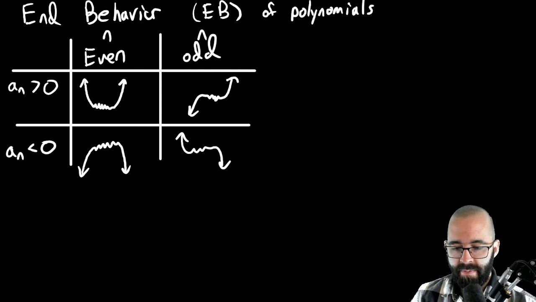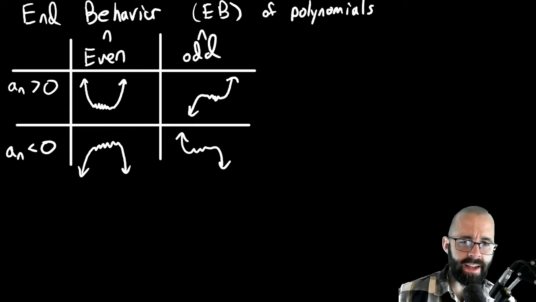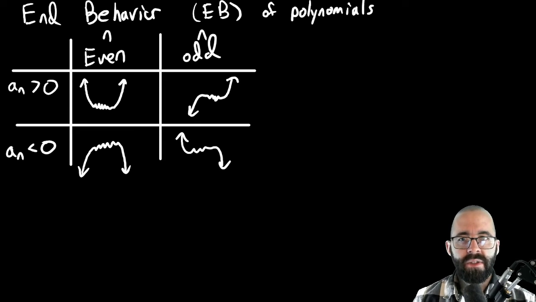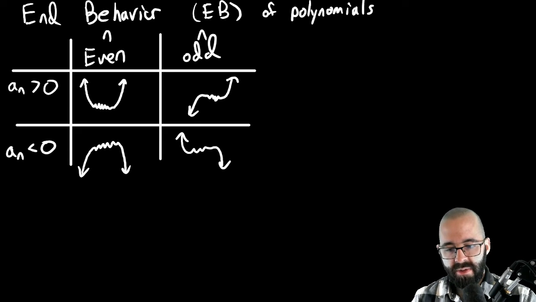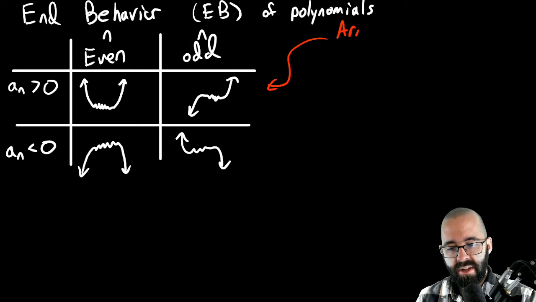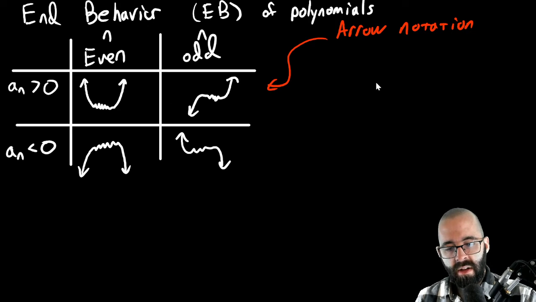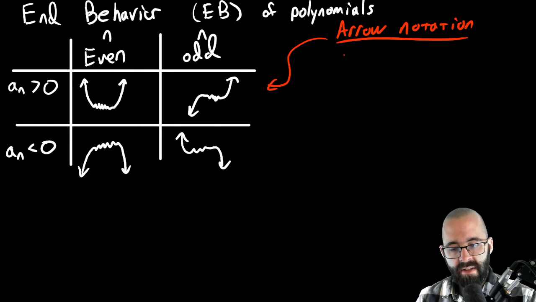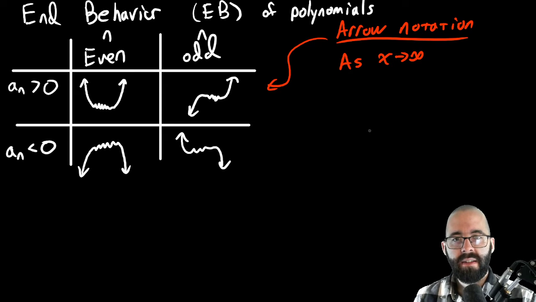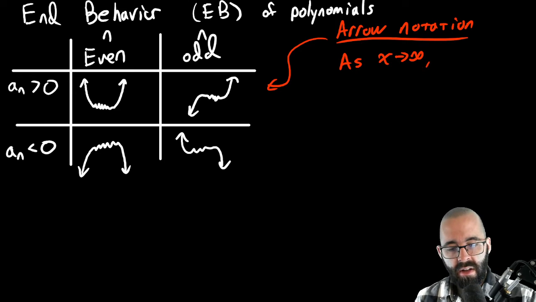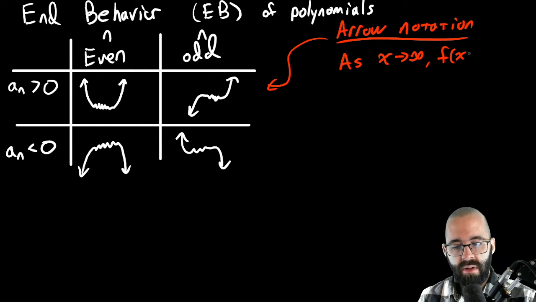But especially people going on into calculus will be using other notation. This is what's known as arrow notation. So let's look at this one specifically. Arrow notation says that as x goes to the right, as x goes to infinity, what does the function do?